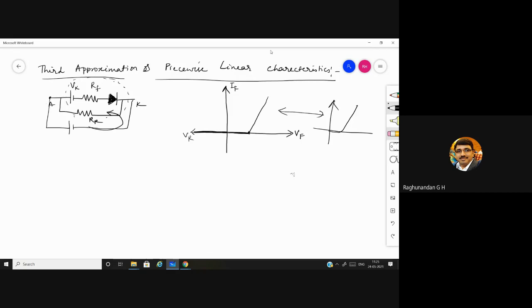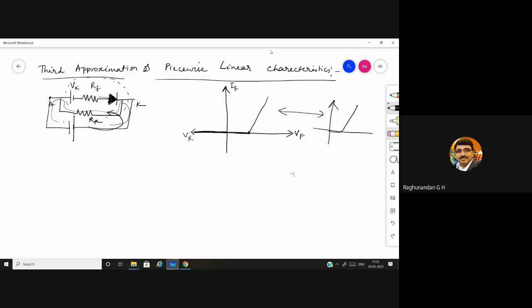Under reverse bias condition, since the diode is acting like an open switch, the current cannot flow like this. Instead, a small amount of current will flow like this. Since the resistance is very high, only very few charges can flow through it, that means a very minute amount of current will be flowing through the resistor.